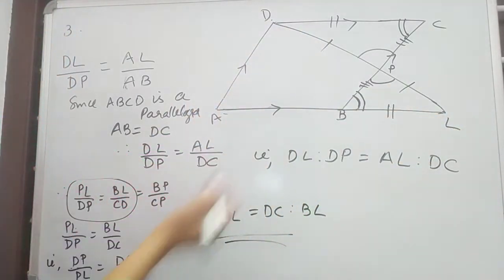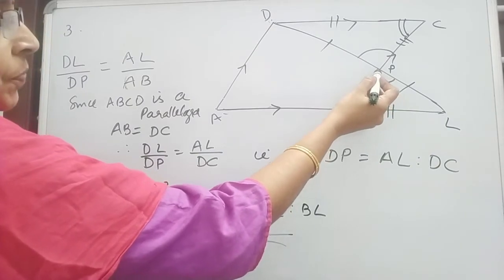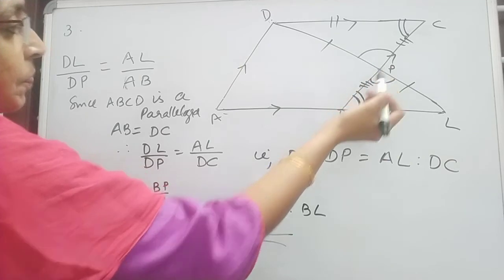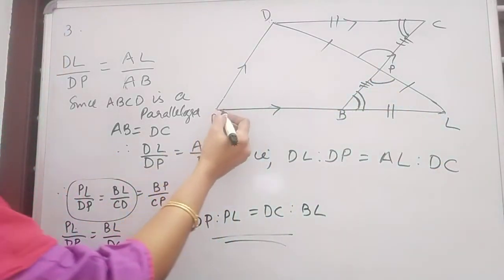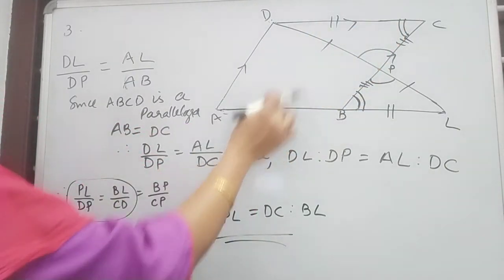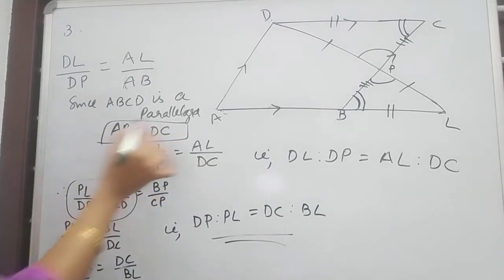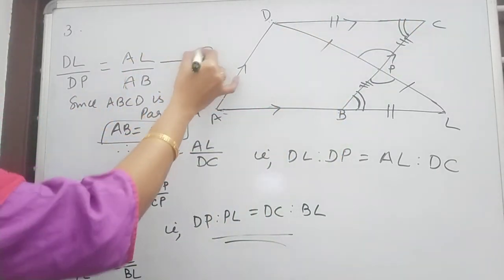DL is to DP we want to find out. So DL divided by DP is equal to AL divided by AB. Since given ABCD is a parallelogram, opposite sides are equal. So instead of AB we can write it as CD, since these two are equal. Mark this as equation number 1.